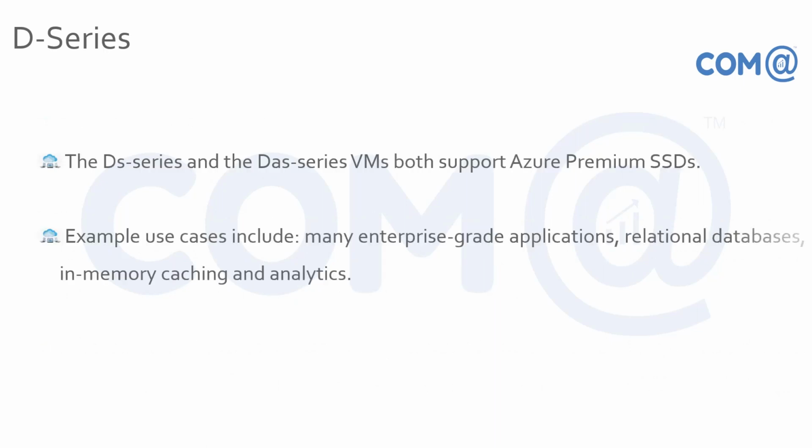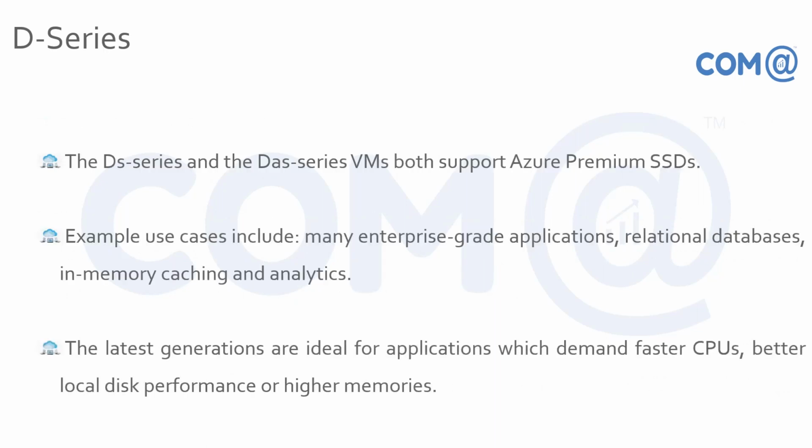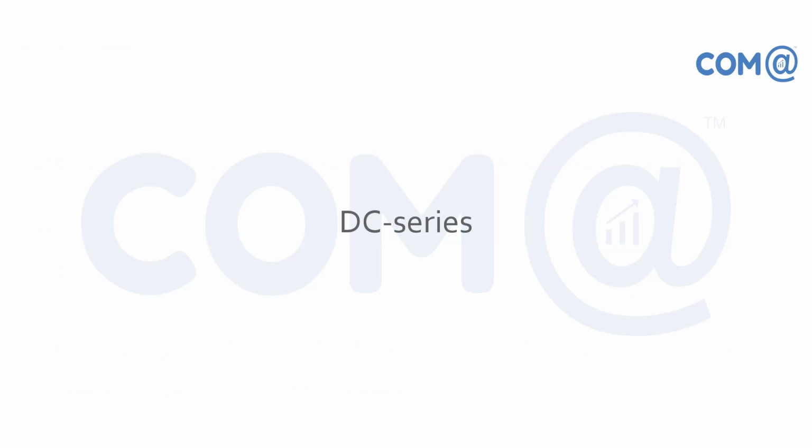Both the DS series and DAS series virtual machines support Azure Premium SSD. Example use cases: many enterprise grade applications, relational databases, and in-memory caching and analytics. The latest generation are ideal for applications which demand faster CPUs, better local disk performance, or higher memories.